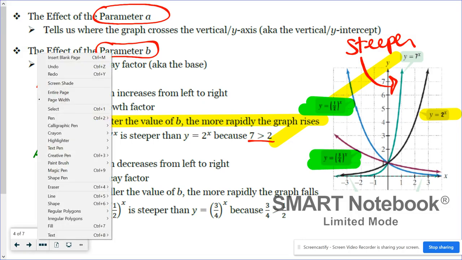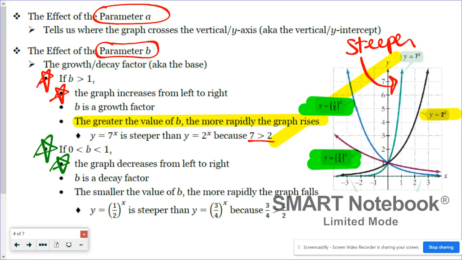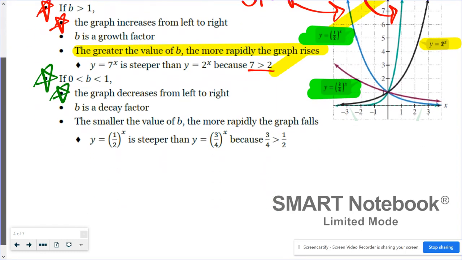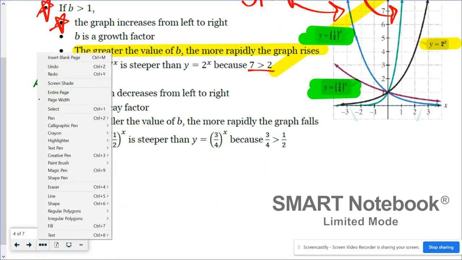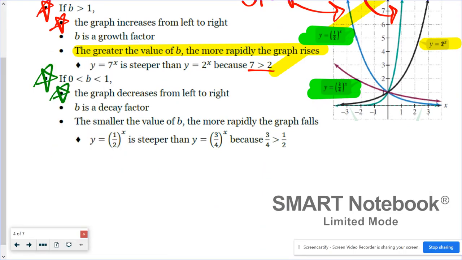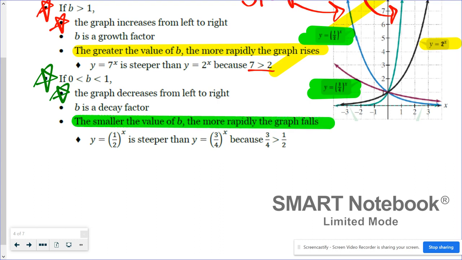You'll notice that the 1/2 to the x power is the steeper of the two graphs. 1/2 is smaller than 3/4. So when it comes to exponential decay, the smaller the value of b, the more rapidly the graph falls, meaning the smaller b value has the steeper graph.